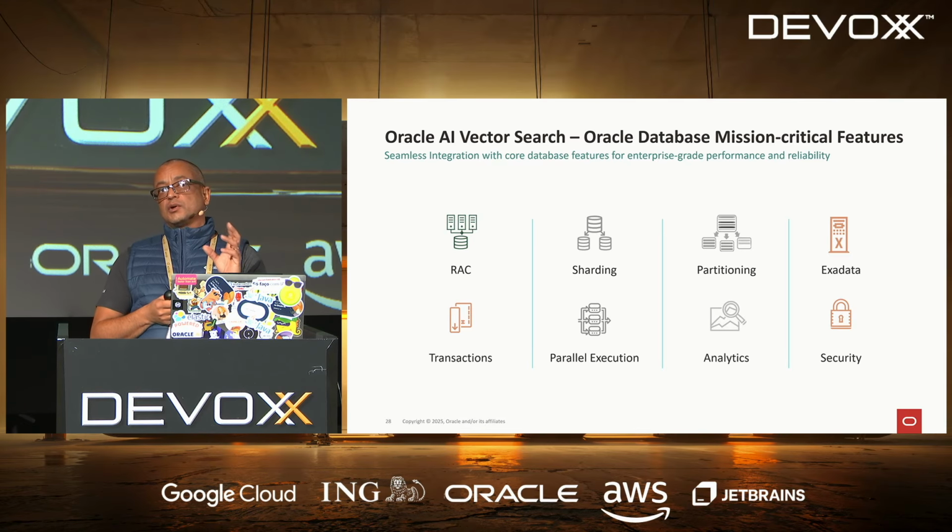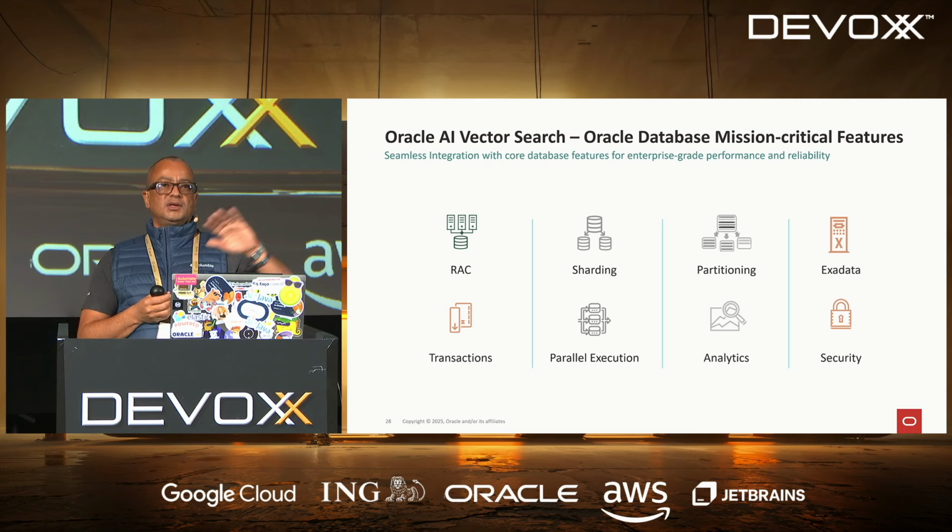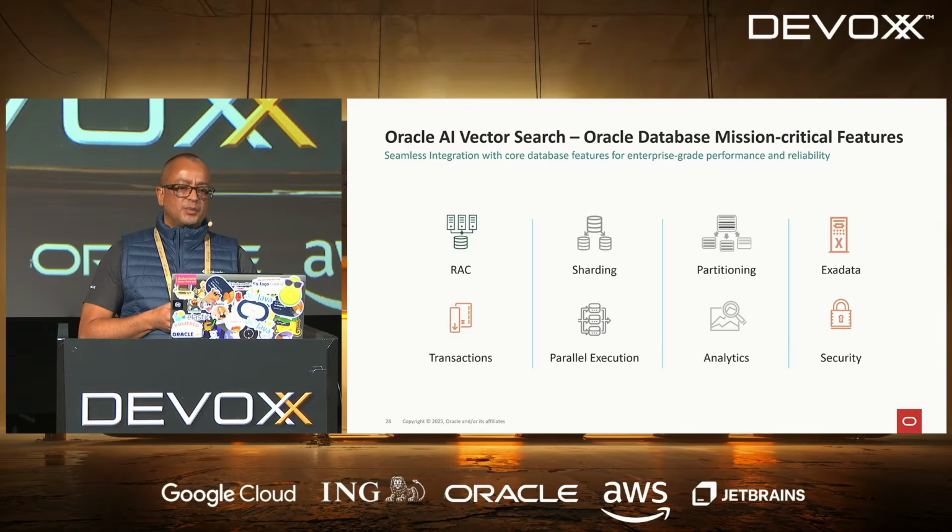Of course, we are talking about the Oracle database. So all the mechanisms and capabilities that have been there for decades are also available for your GenAI applications, okay, out of the box. So this is something that you have to consider because it is not another non-functional requirement that you have to address. You get it out of the box.